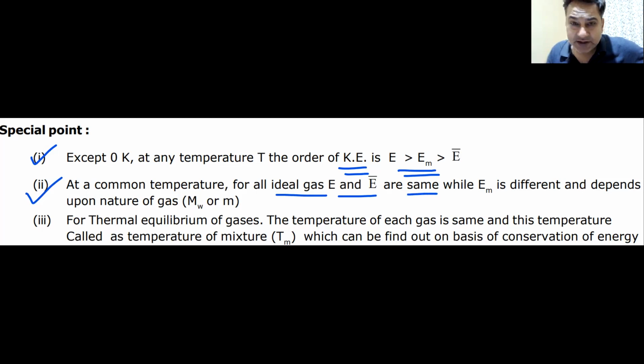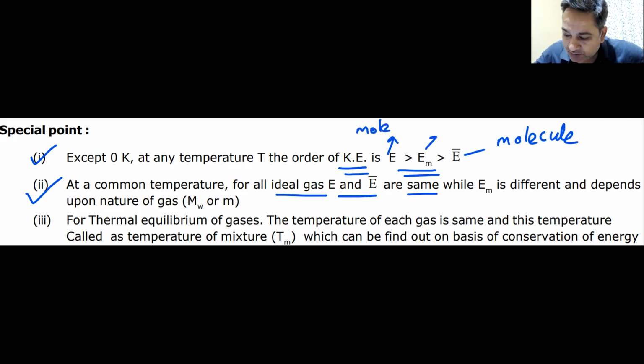E and E bar are the same in value because it is 3/2 RT or 3/2 kT. So E is 3/2 RT, and E bar is 3/2 kT. Sorry, E is per mole, and E bar is per molecule.